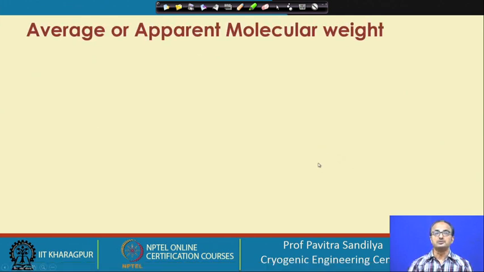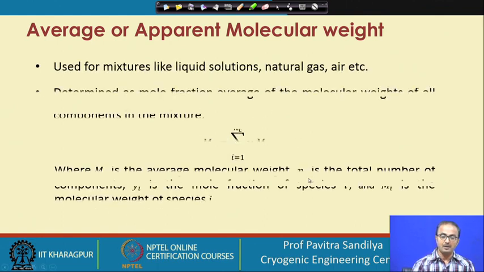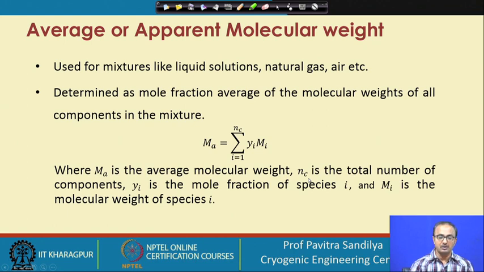After knowing these concentration units, let us go to the calculation of the average or apparent molecular weight. Now, why do we need it? Because we need it for knowing the concentrations of the mixture like liquid solutions and gases, and in natural gas especially we have so many types of components.